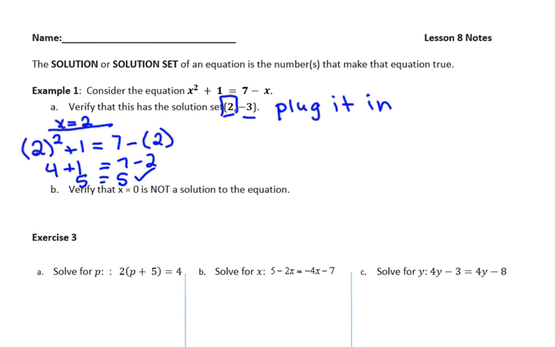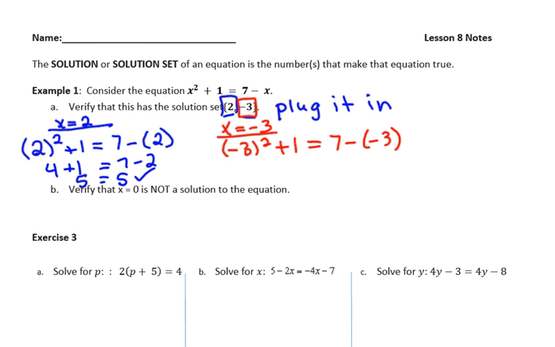Now we're going to check out the solution x equals -3 and see if that works. So again, plugging it in everywhere we see an x, -3 squared plus 1 equals 7 minus x, which is -3.